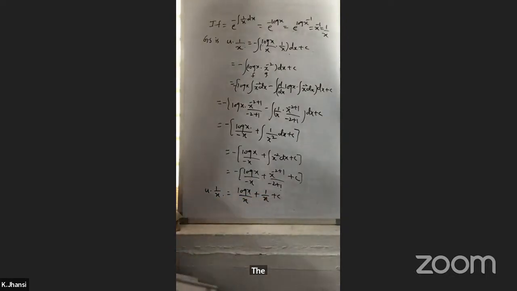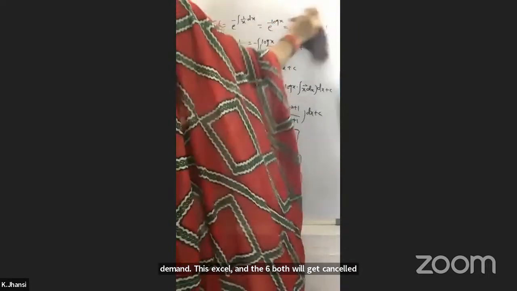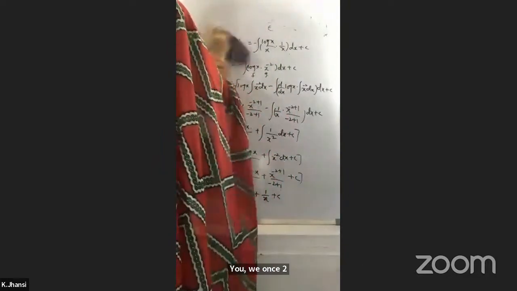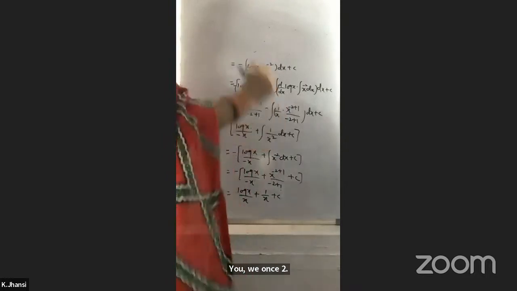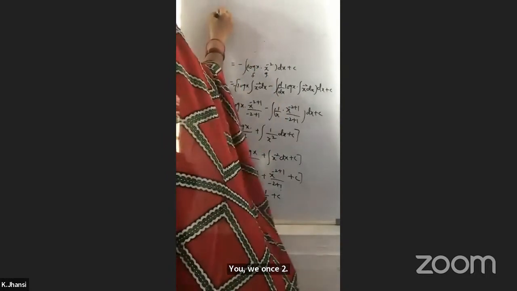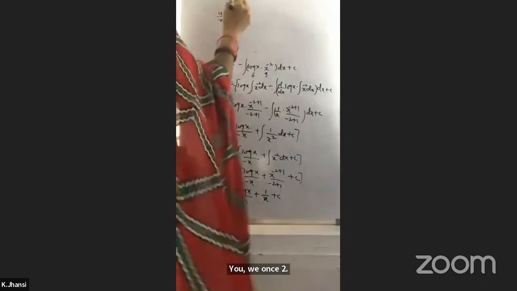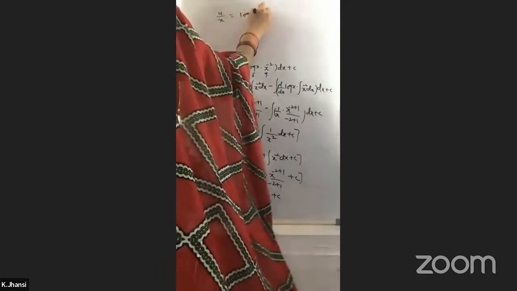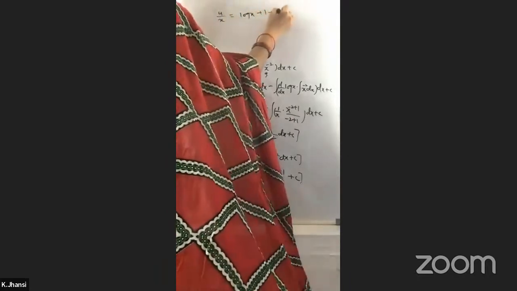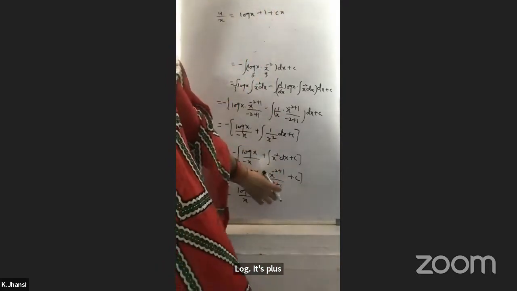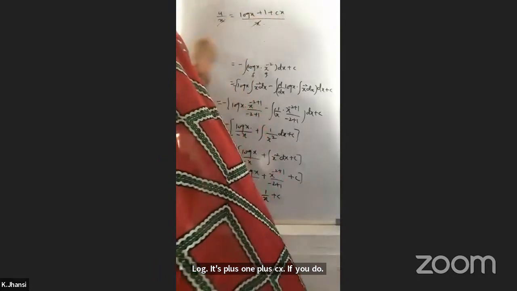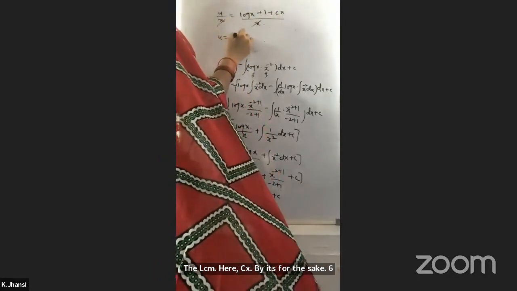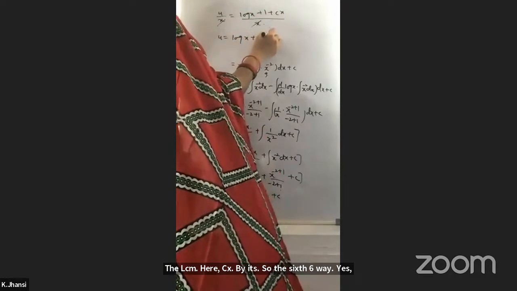Then you can write the general solution as u by x equals log x plus 1 plus cx. If you do the LCM here, cx by x, so this x will get cancelled. U is equal to log x plus cx plus 1.